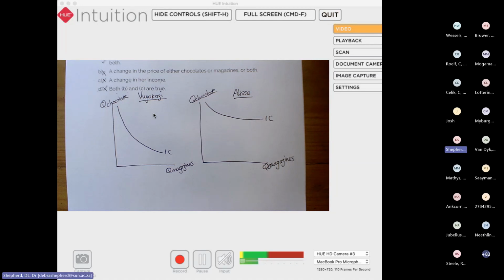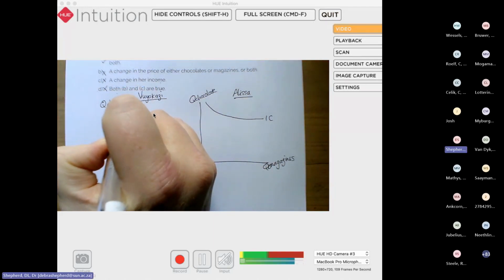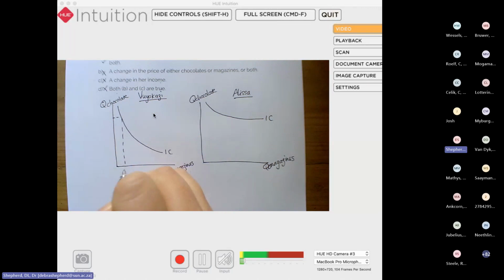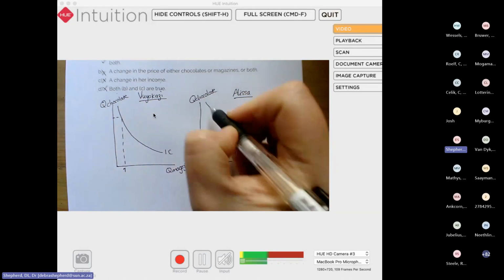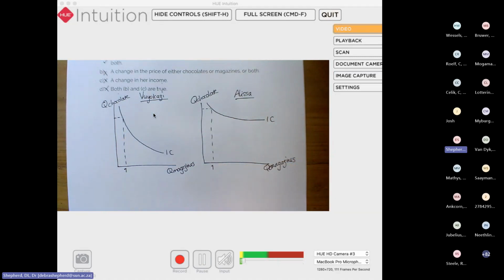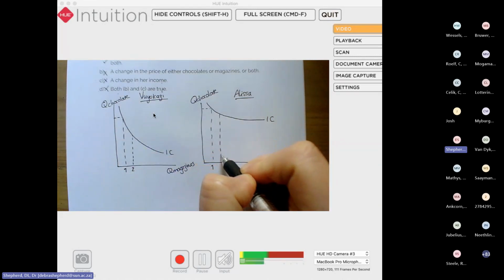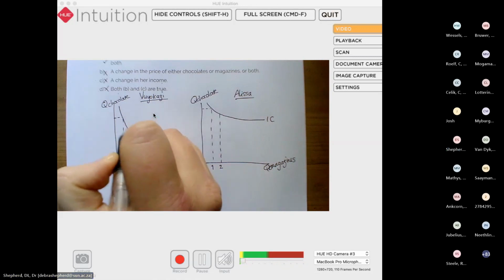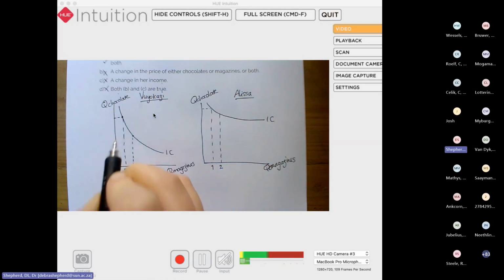So Ms. Matura says Vuyokazi. Plongwane, yes, I agree with you. It is Vuyokazi, and I'm going to show you why. She's consuming one magazine. She's also consuming one magazine. If both of them want to increase their consumption of magazines by 1 and keep themselves equally satisfied, what do we notice?